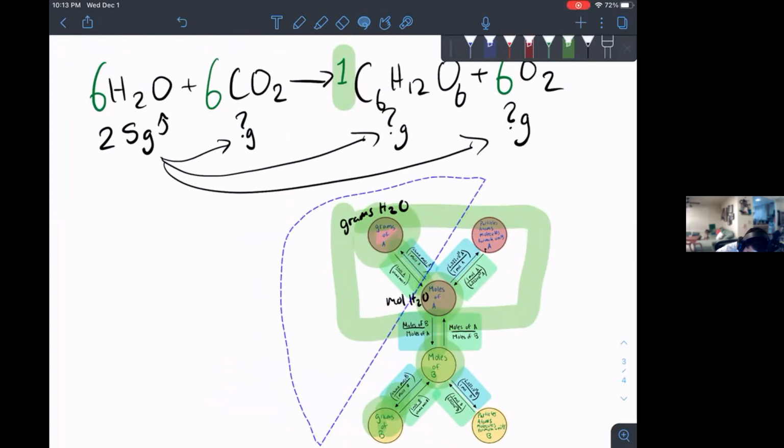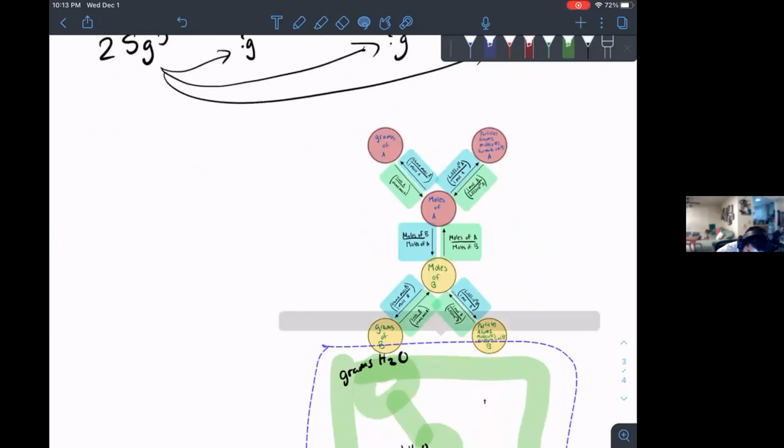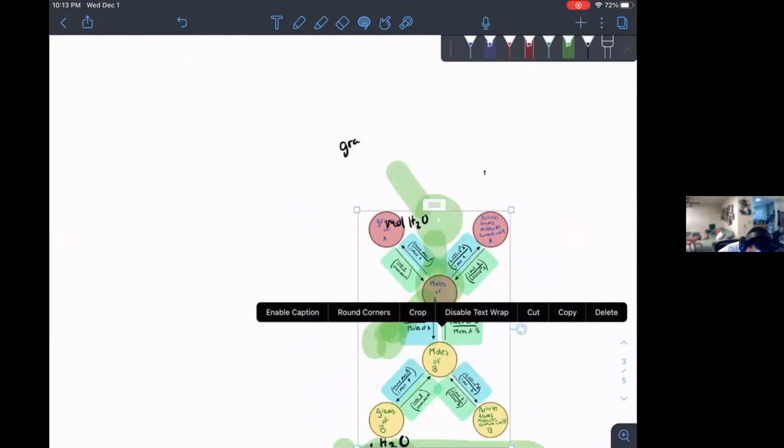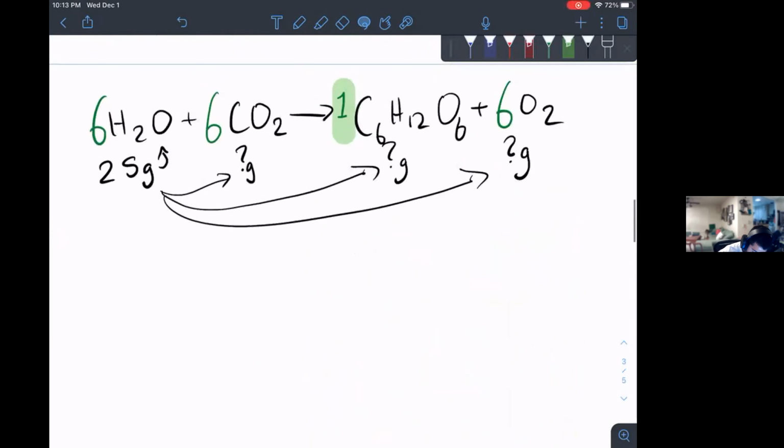So I'm going to get this out of my way, and we're going to just get started. So we start with what's given to us, 25 grams H2O. Every single time, start with what's given.